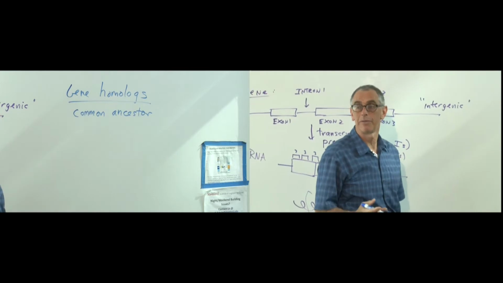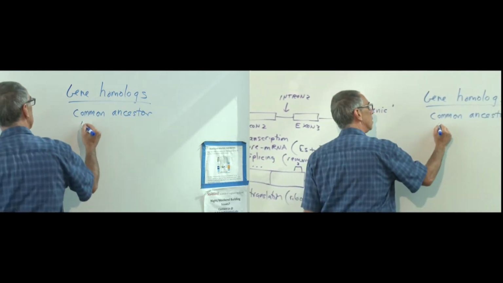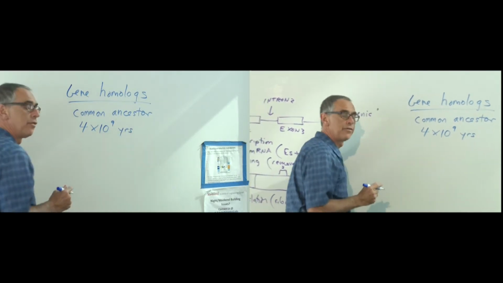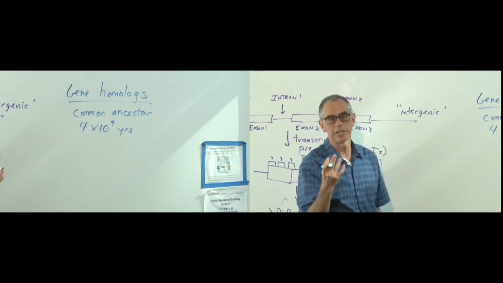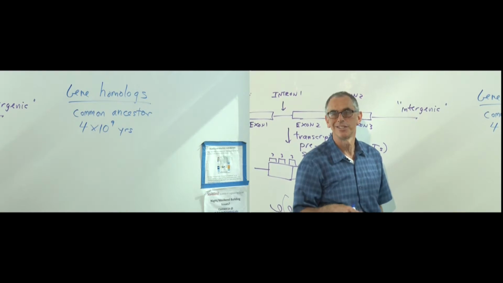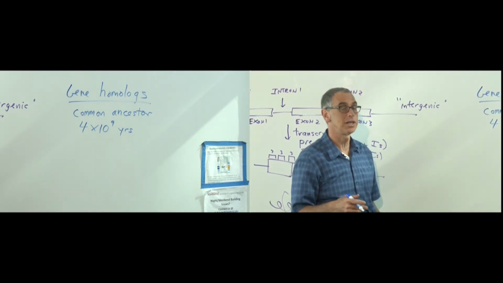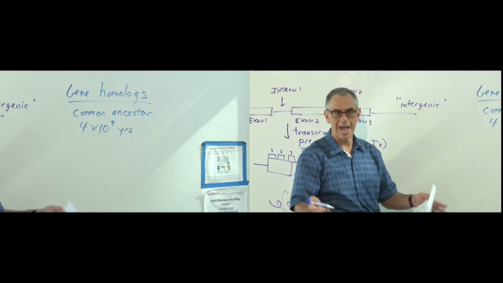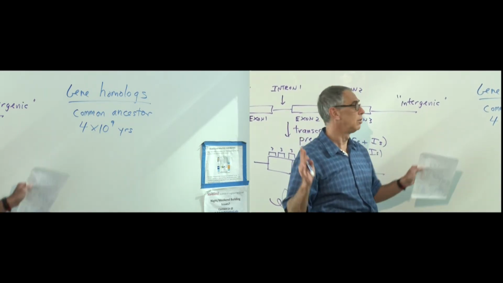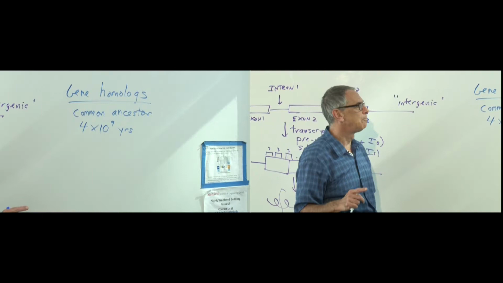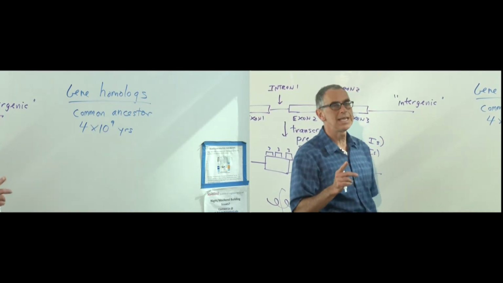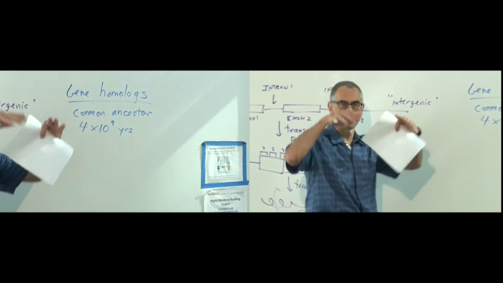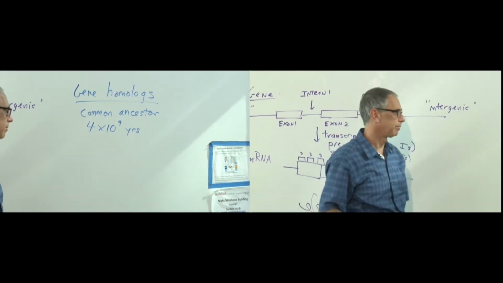Life on Earth is about 4 billion years old. 4 times 10 to the 9th years, we've had life on Earth. For many of those years, we were just single-cell little amoeboids. But then eventually through evolution, mutation, and selection, multicellular organisms, mammals, fish, plants, the whole ball of wax. But what we see is that many genes share common ancestors because of this tree of life.